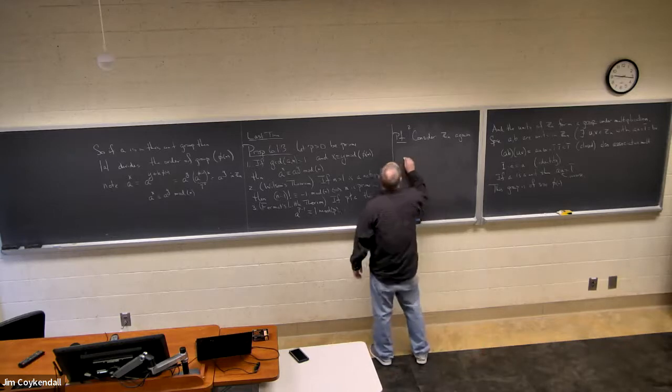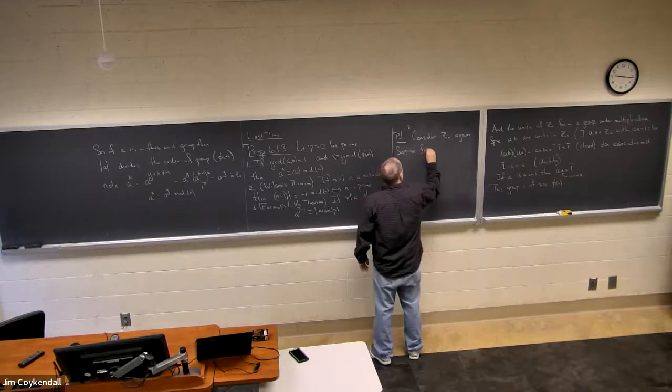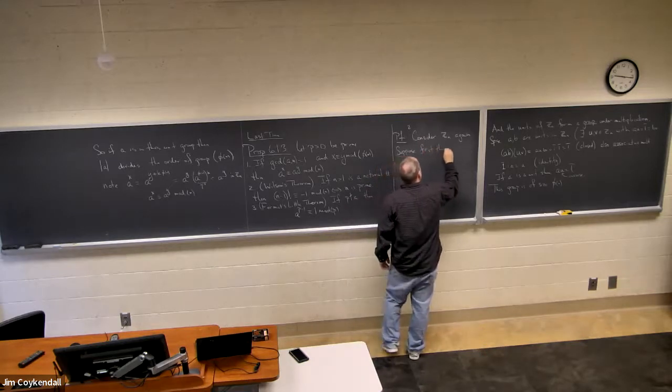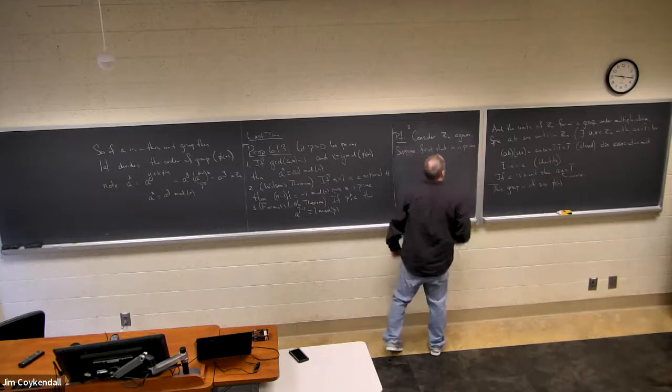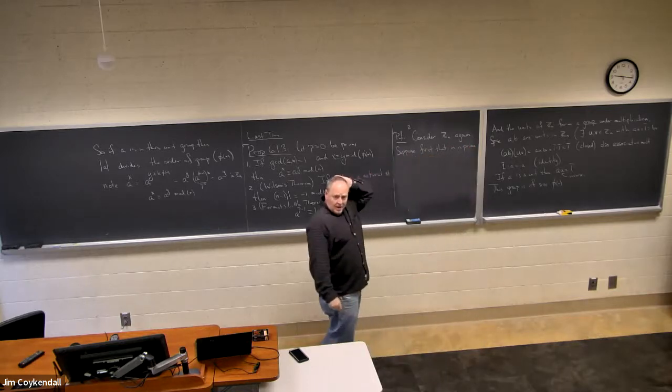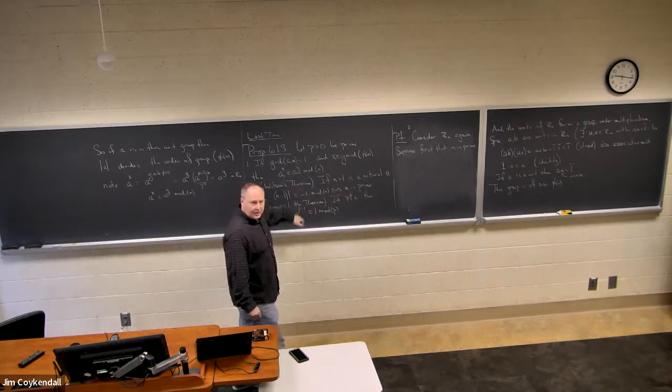Suppose first that n is prime. And of course, what I want to do is show n minus 1 factorial is equivalent to minus 1.